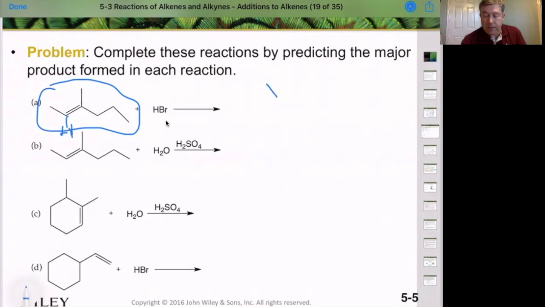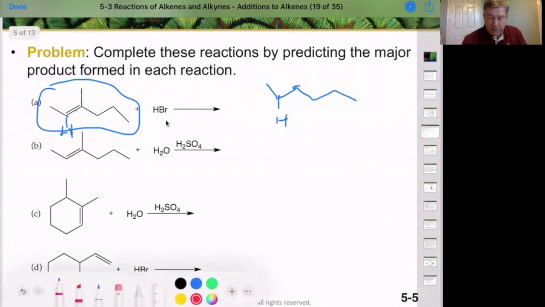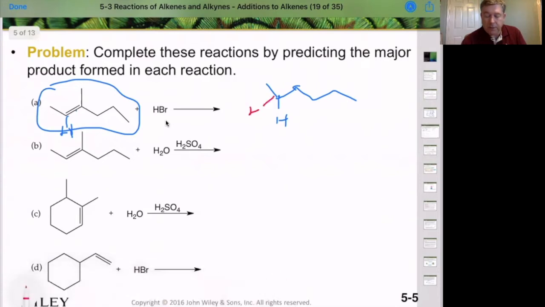So I'm going to draw it just like this. The hydrogen was already here, and our double bond used to be between these two carbons. I'm going to change to red to show you where the hydrogen from the HBr added and where the bromine added. Just using Markovnikov's rule, this is how the molecule must be.